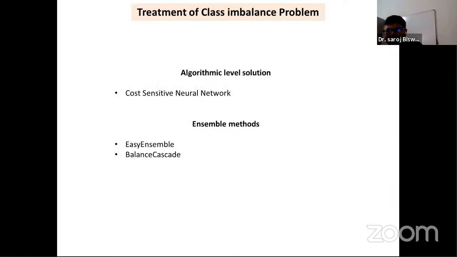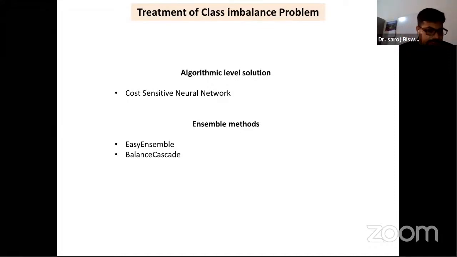We are looking at how, if the data set is really imbalanced and we apply sampling techniques, the accuracy can be improved. We can also apply algorithmic level solutions, but in this experimentation I have taken only the sampling approaches, oversampling and undersampling, to show you the performance on an imbalanced data set.